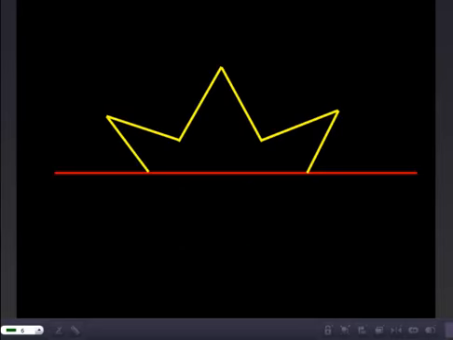You might also be asked to complete something that has line symmetry. So if this red line is a line of symmetry, to draw the other half of it, you're going to see my artistic abilities in full action here. You'd have to just kind of mirror the other shape where it goes. And I'm hoping that you can do a better job at this than I can. I'm going to start over.